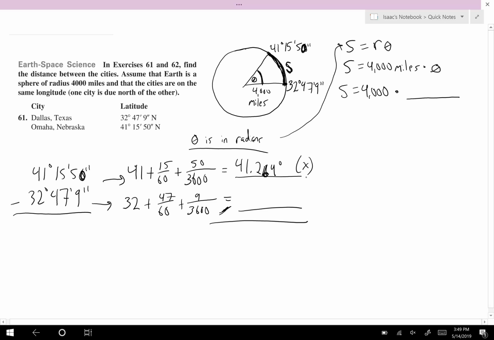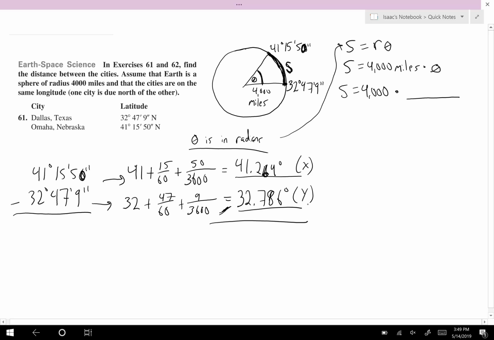And now 32 plus 47/60 plus 9/3600. It's about 32.786 degrees. But I'm actually going to store that as Y in my calculator again, so I can keep an exact value.